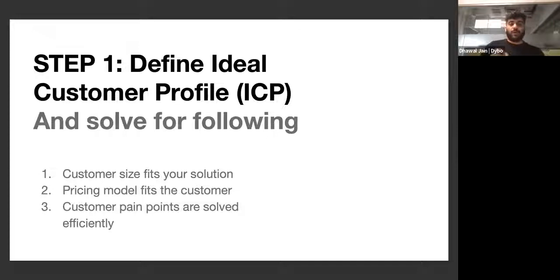The third point would be: what are the customer pain points that are being solved very efficiently? Efficiently needs to be emphasized more, because a lot of times we create products where the solution is such a task that you cannot solve that problem efficiently anymore. If you're not able to solve something efficiently, you cannot solve it at scale. You cannot make a business that scales in the future, right?